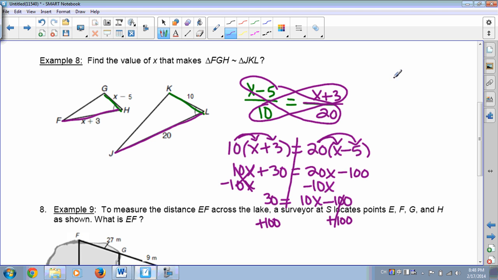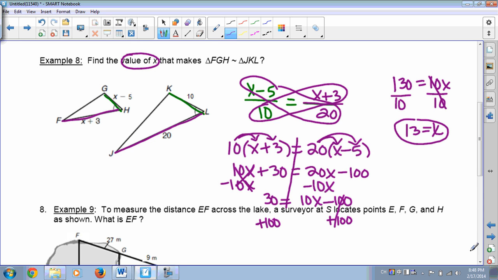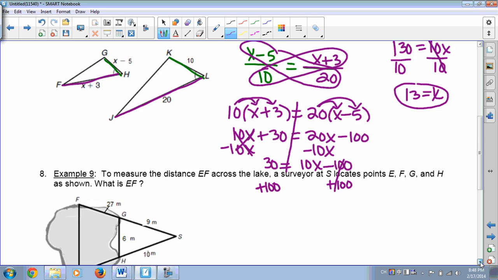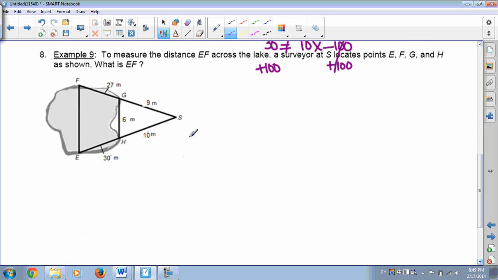So I'm going to rewrite it up here. 100 plus 30 is 130, is equal to 10x. And last step, divide by 10. So x is 13. And that's all we need to do because all it asked for was the value of x. Okay, the last problem we're going to look at today is example number 9.